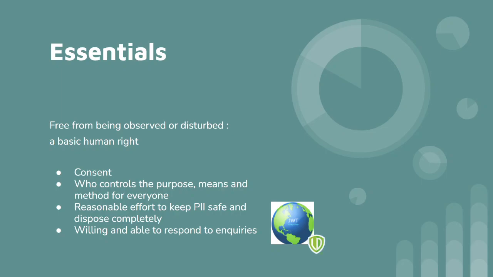And it's an important distinction because the data controller is responsible for making sure that everyone who comes in contact with that personal information, regardless of where they are or what role they fill within your organization, the data controller has to ensure that there are consistent rules applied for managing and protecting that PII. So every organization must make a reasonable effort to keep PII safe.